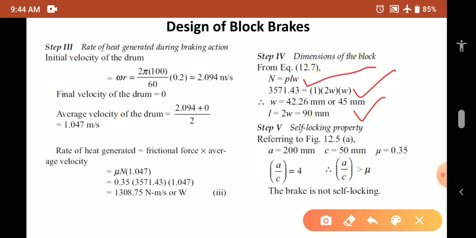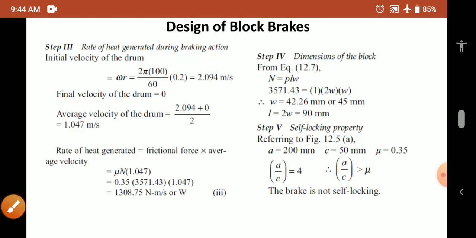The length of the shoe is given as twice the width, so it is twice 45 mm, that means it is 90 mm length.